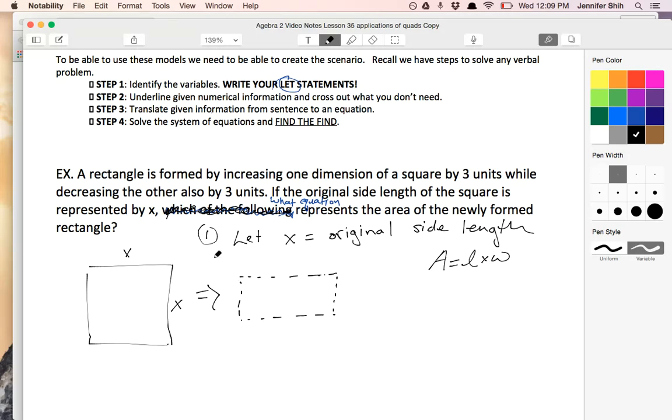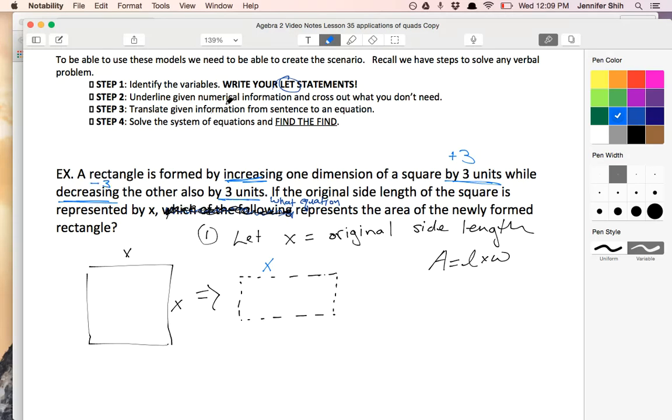So our new rectangle is going to be x, 3 units increasing. We're going to underline numerical information: increasing by 3 units. That means plus 3 units. The other side is decreasing by 3 units. That means minus 3 units.